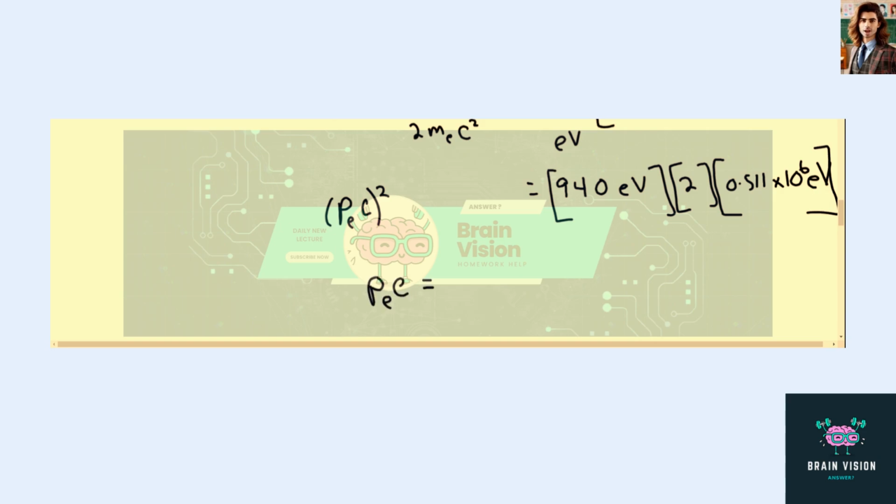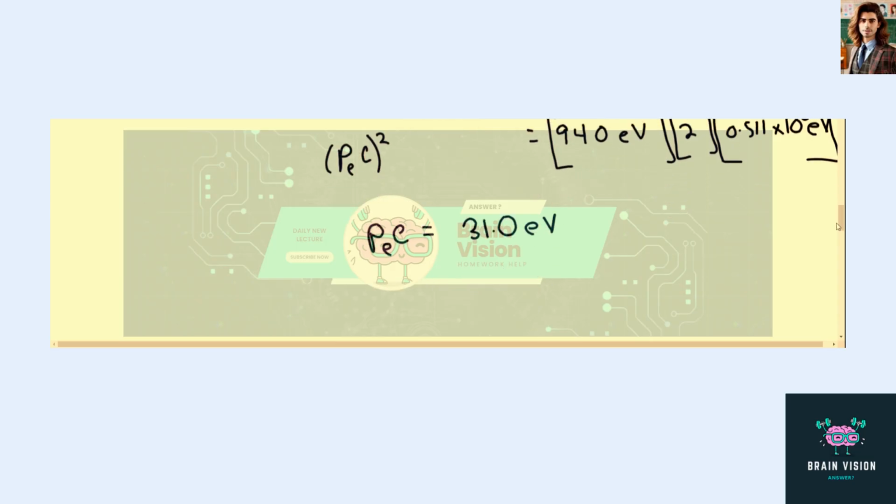Pe times c is about 31.0, times 10 to the third, so that's kilo electron volts. And so Pe is 31.0 keV over c.